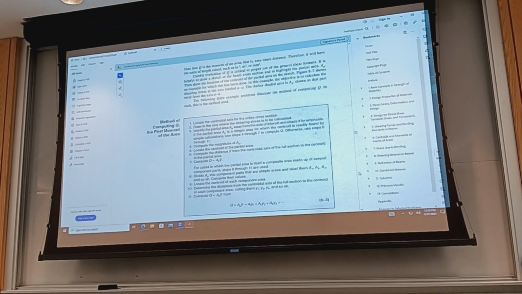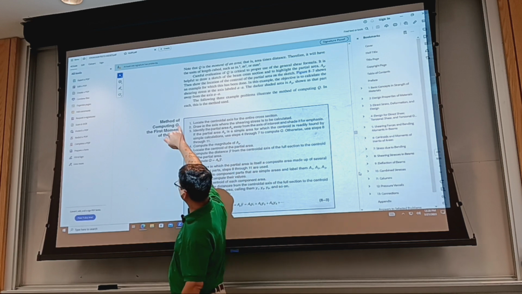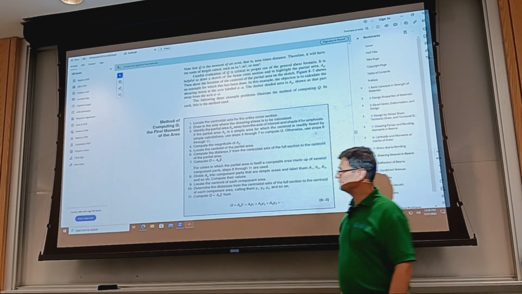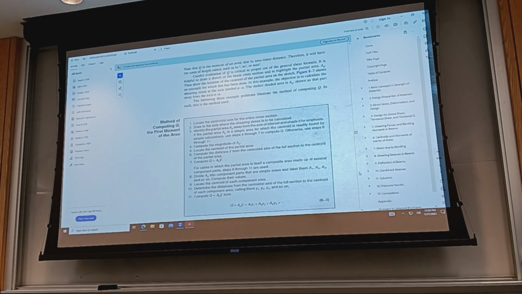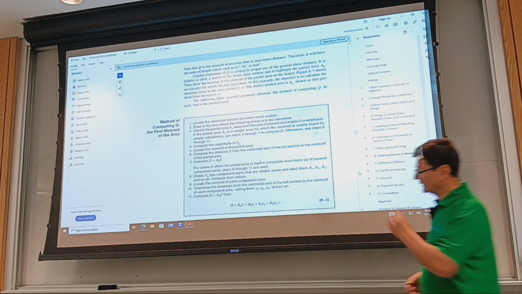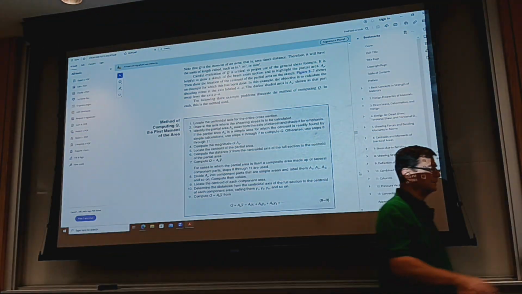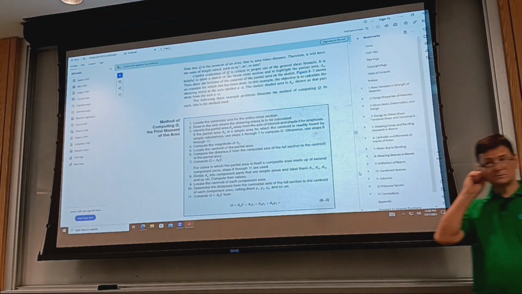The book explains the steps to take to evaluate the first moment of area. It's essential to make a correct representation of the section and go through the steps. If it's not readily available, find the centroid of the assembly first, and possibly the centroid of the partial area.